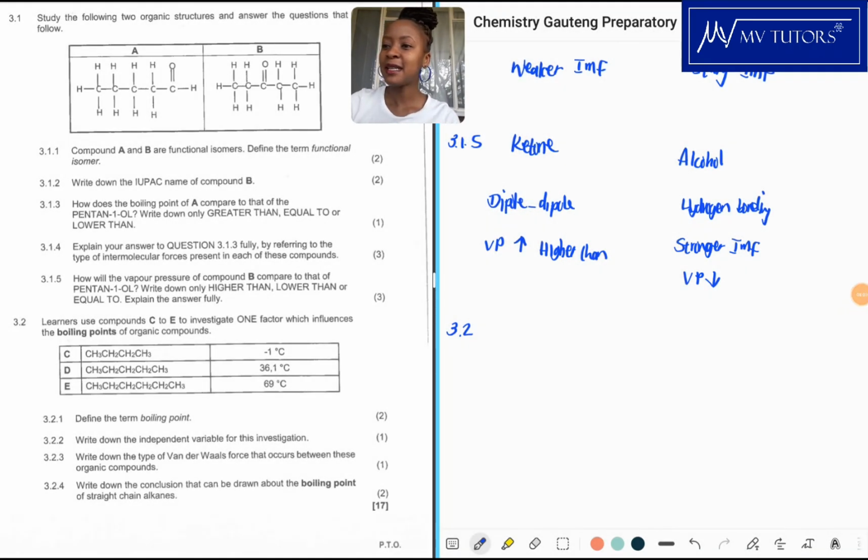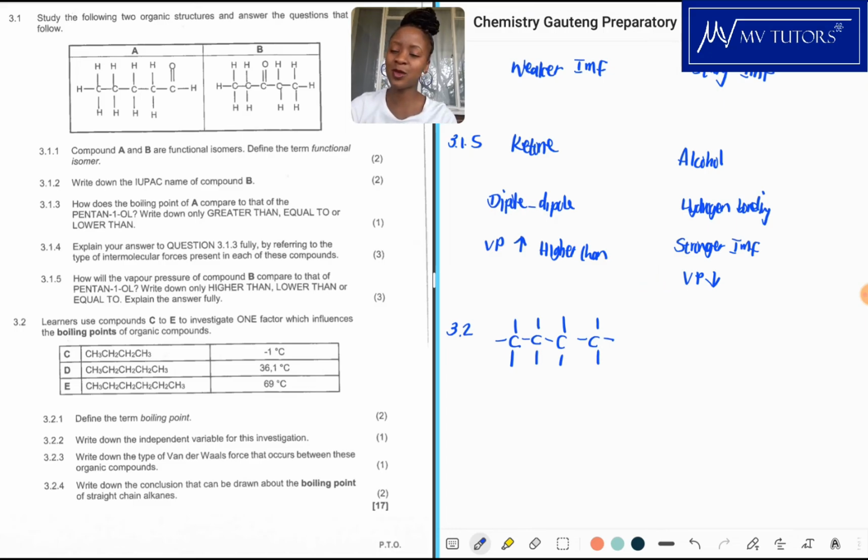Okay, sorted. Now 3.2 says learners use compounds C to E to investigate one factor which influences the boiling point of organic compounds. If you have a look at C and draw the structural formula, we have CH3, CH2, CH2, and then CH3. So this is a saturated alkane, butane.